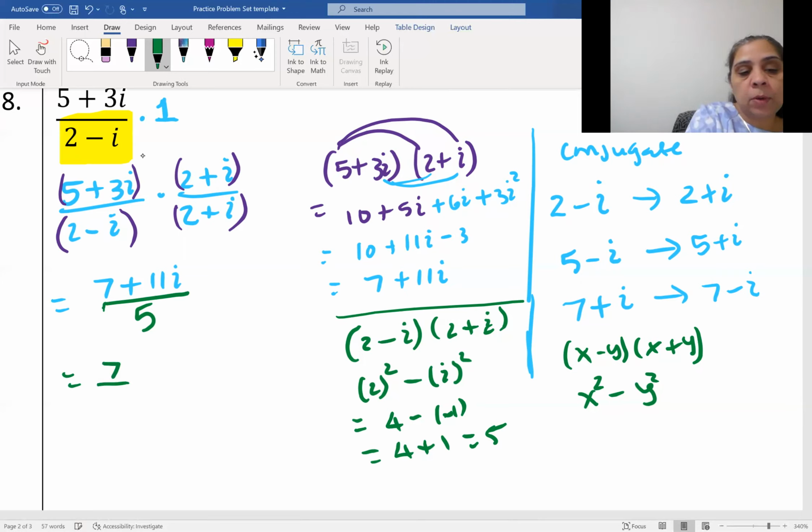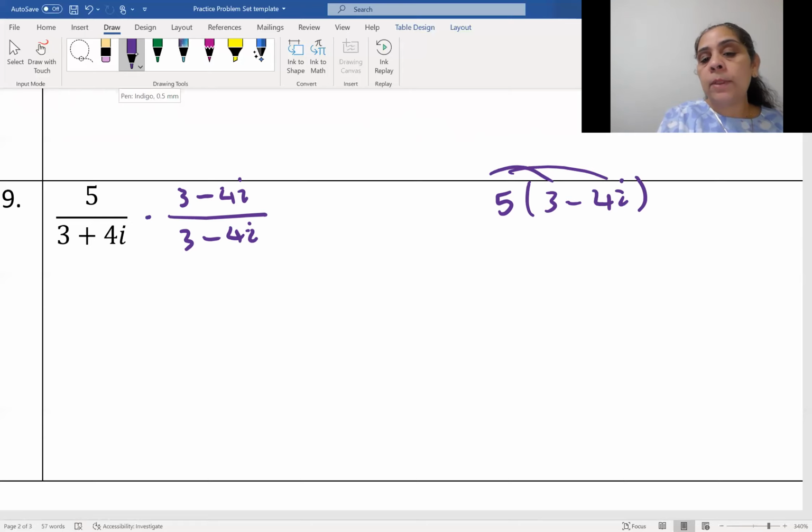So you can work on the side, 3 minus 4i. You can use the distributive property. 5 times 3 is 15, minus 5 times 4i is 20i. So we can write on top 15 minus 20i. And we have the denominator 3 plus 4i and 3 minus 4i.